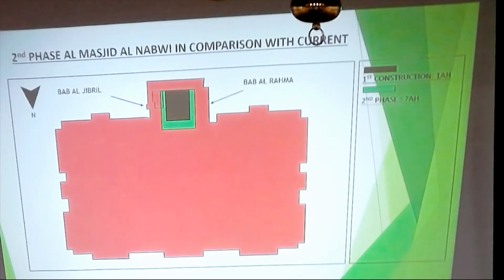So in the 7th year Hijri after Khaybar, the extension took place, and as mentioned it was slightly extended to the east and also the west, along with the northern side as well. And that was during the time of Rasulullah sallallahu alaihi wasallam, which we've explained previously, of how Sayyidina Uthman radiallahu anhu purchased the land, etc.